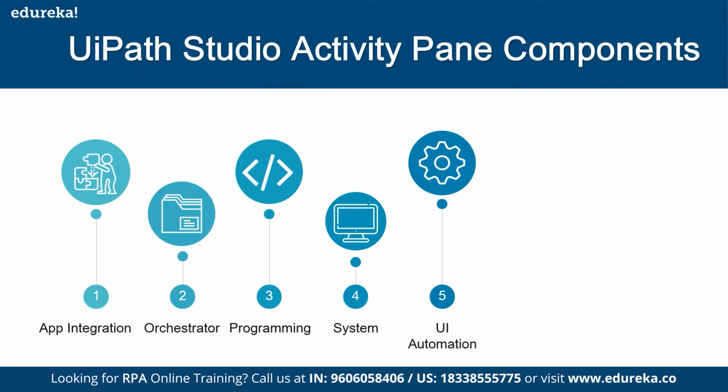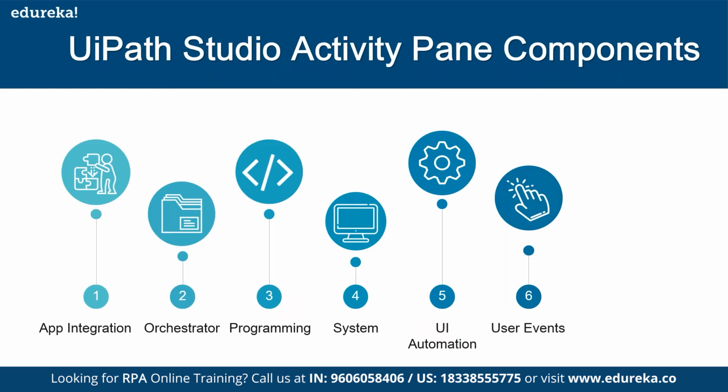And the UI automation, so UI stands for user interface. It might be a desktop application or a window application. So you can automate those UIs using UiPath. This is very important. A lot of automation is dependent on user interfaces, that is, desktop or web-based applications. So you can automate those using these activities.